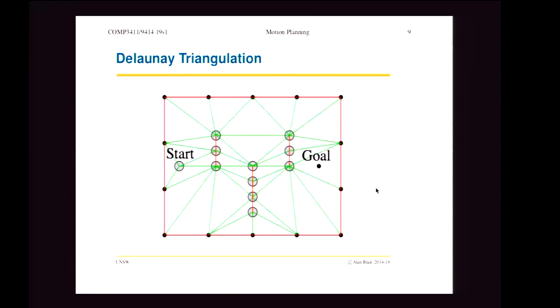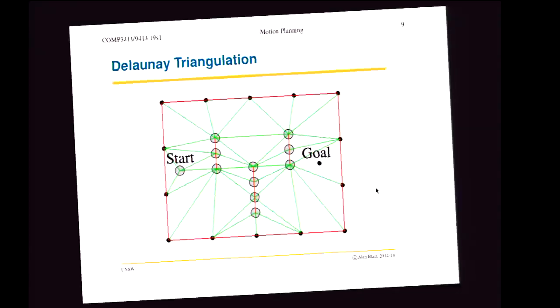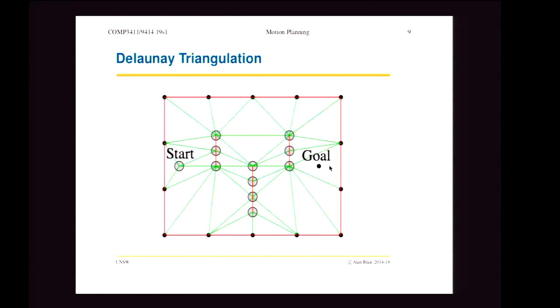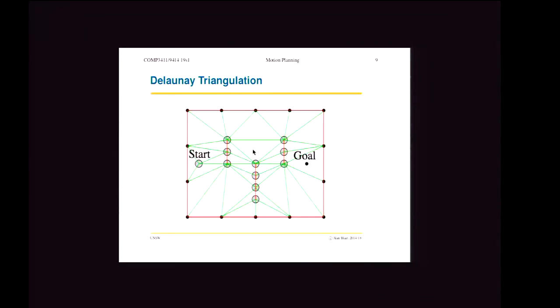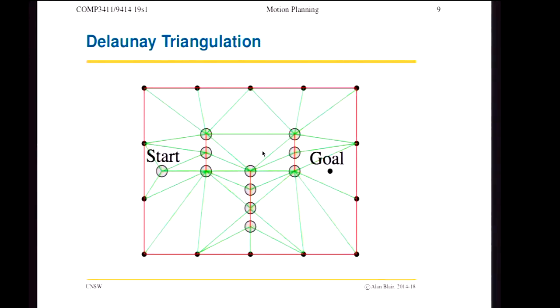So I go through the whole list of edges from shortest to longest, and in each case, I add the edge to the diagram only if it doesn't cross an existing edge. And there are routines in OpenCV, graphics routines, to tell whether one edge is going to cross another.